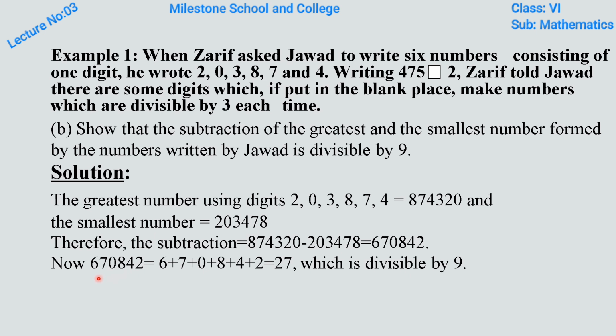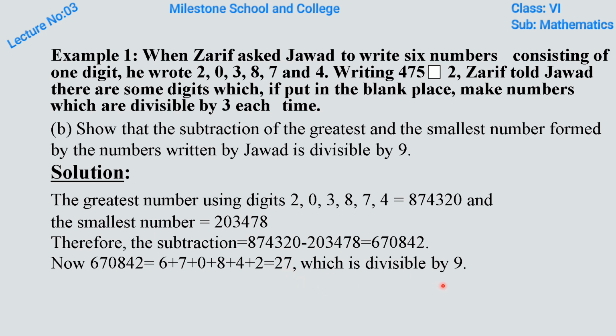So here you can see 670842. There are 1, 2, 3, 4, 5, 6 digits, and we have to add them. So 6 plus 7 plus 0 plus 8 plus 4 plus 2, we will get 27 as the summation. And as you can see, it is divisible by 9, because if we divide 27 by 9, we will get 3.